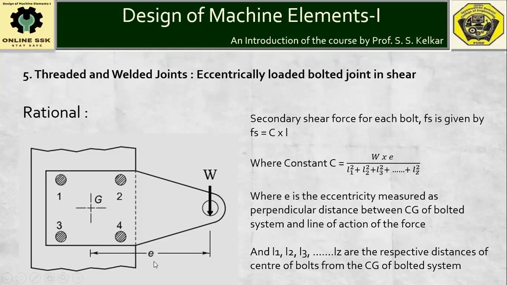So in this figure, one can notice eccentricity as the perpendicular distance between the line of action of the force and the CG. So knowing W, E and distances L1, L2, etc., one can calculate C. Multiplying C by distances L1, L2, etc., one can calculate secondary forces Fs1, Fs2, etc.